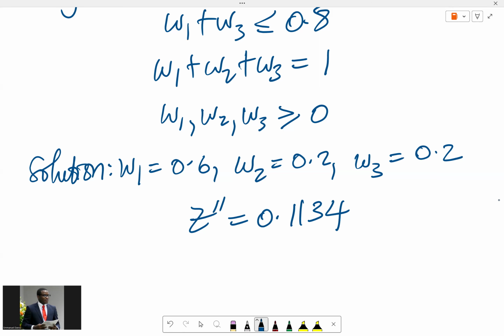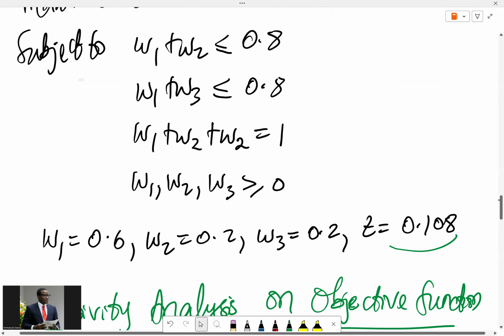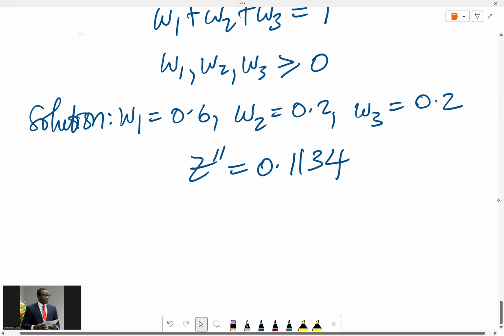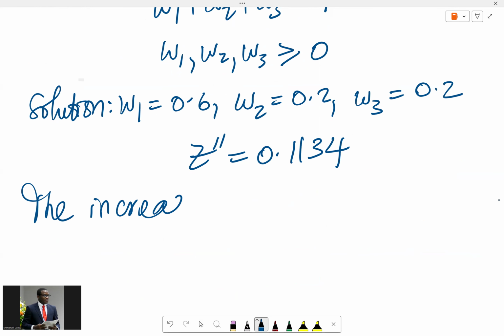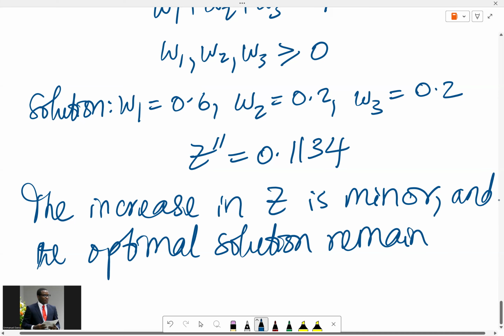So you see, 0.1134 is higher than what we got initially as the optimal solution. What that means is that though the proportions have not changed, the objective function has been affected. The increase in Z is minor, and the optimal solution remains the same.